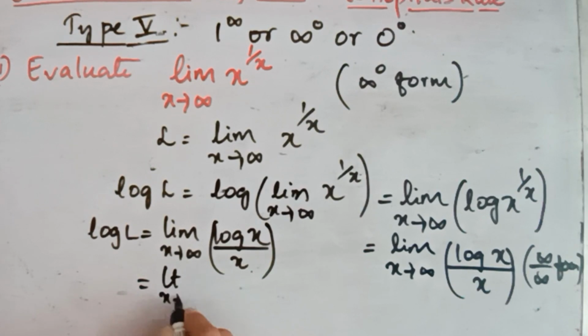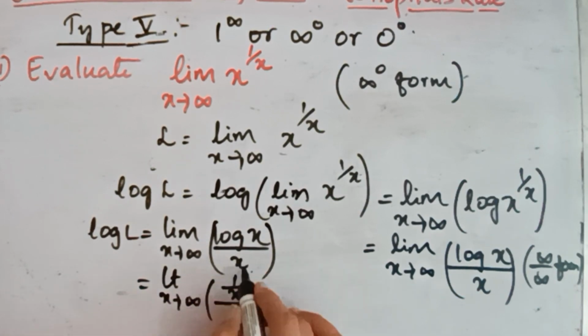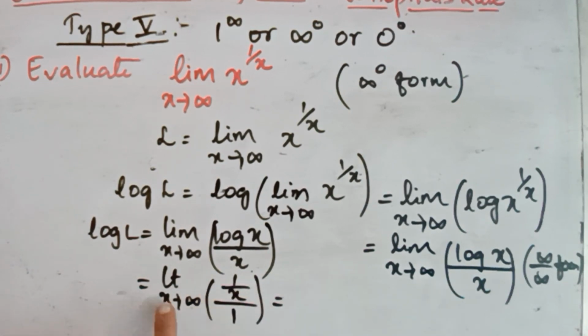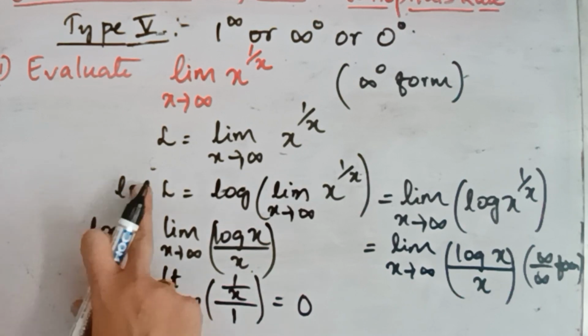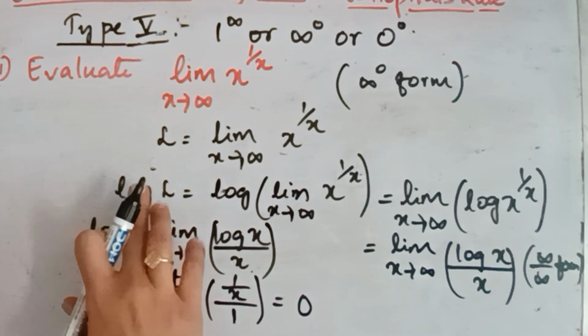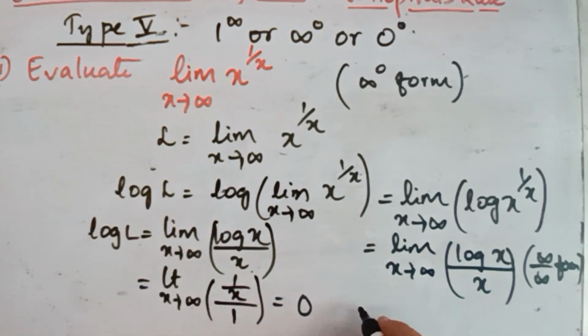Limit x tends to infinity. Derivative of log x is 1 by x and derivative of x is 1. So this gives you, after applying the limit, x tends to infinity, 1 by infinity is 0. But this is not the value of the limit. Log means it is natural logarithm here. We are taking the natural logarithm. You can write ln also. So here it gives you log L equal to 0.